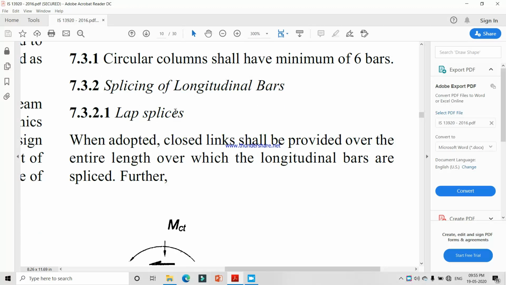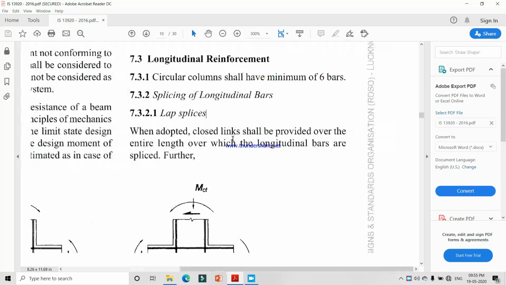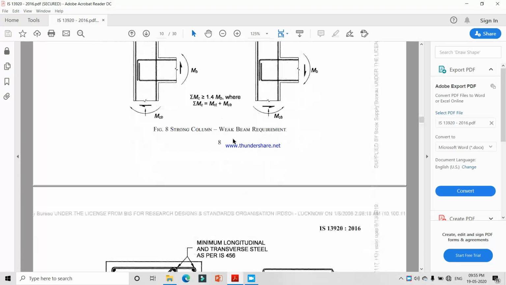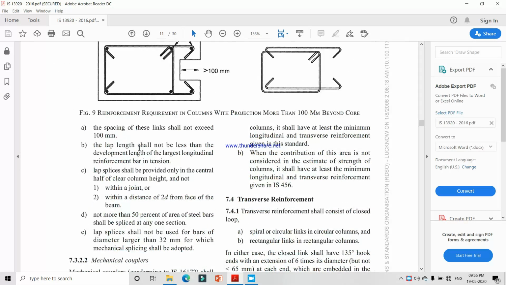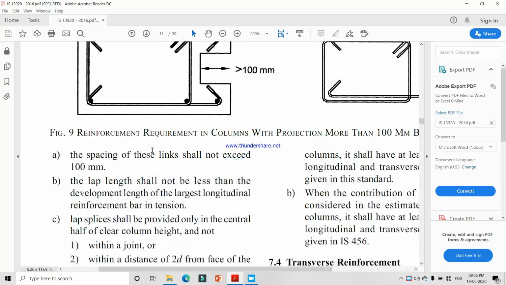These are the lap splicing of longitudinal bar. When adopted, close rings shall be provided over the entire length over which the longitudinal bars are spliced, and the spacing of the link shall not exceed 100 mm.